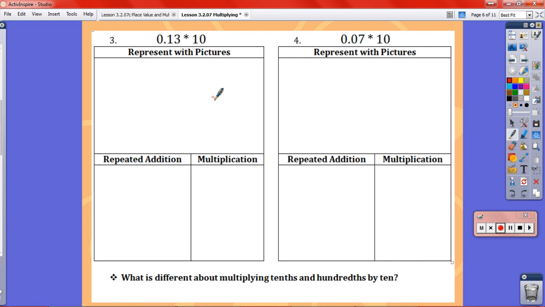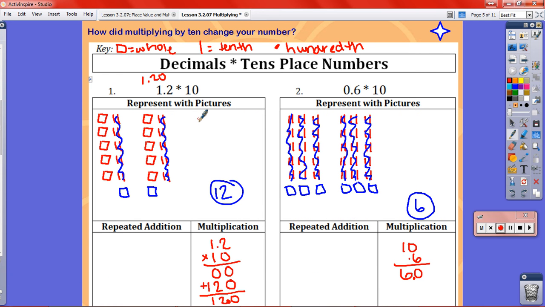We're going to try the same thing but with hundredths. So this is 13 hundredths, and I could draw that as 13 hundredths, but we already know that 10 hundredths makes a tenth. Now I'm going to start using a shortcut, because what I notice here is that when I have 2 tenths, and I multiply each one by 10, well, 10 tenths makes a whole.